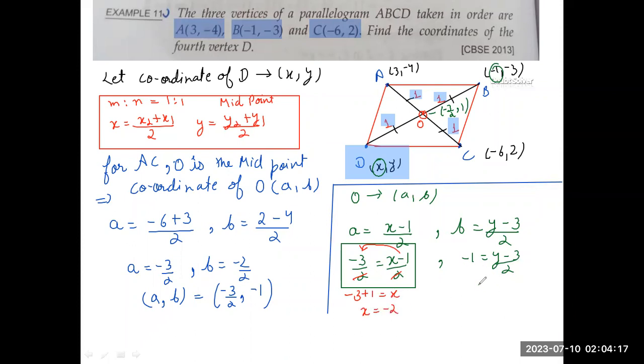And from here, I'll multiply the 2 with -1: -2 equals y - 3. I'll take this towards the left-hand side: -2 + 3 equals y. So I got y equals positive 1. So x equals -2 and y equals 1. So we found the vertex D, which is (x, y), that means (-2, 1). That's it.